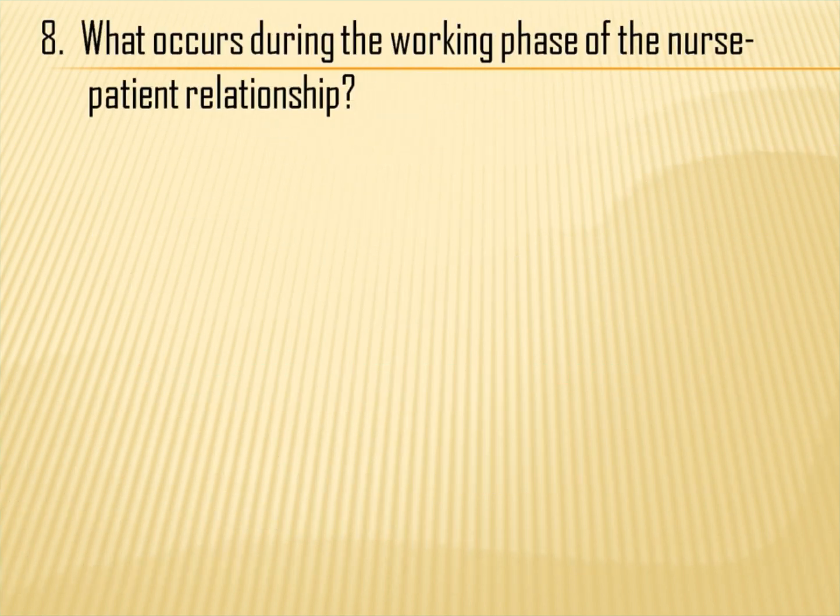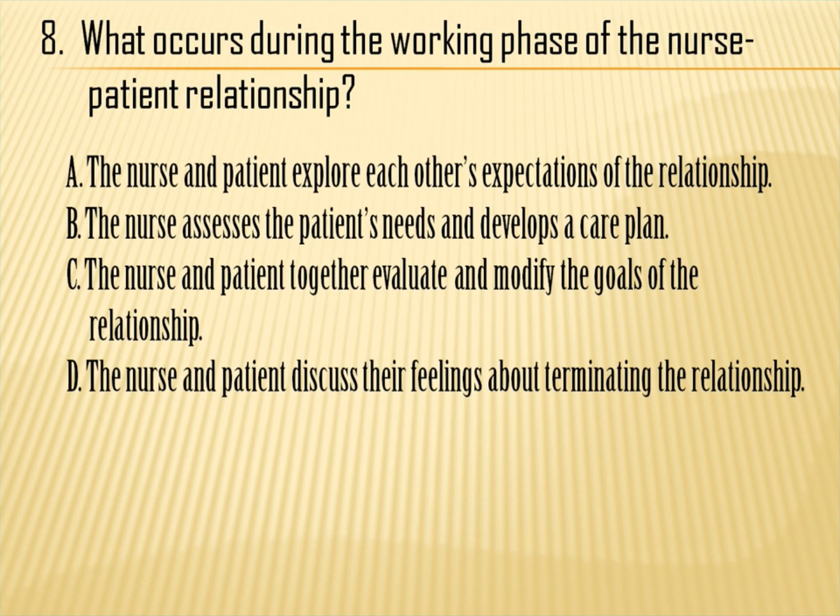Question number 8. The correct answer is letter C. The therapeutic nurse-patient relationship consists of three overlapping phases: the orientation, the working, and the termination.